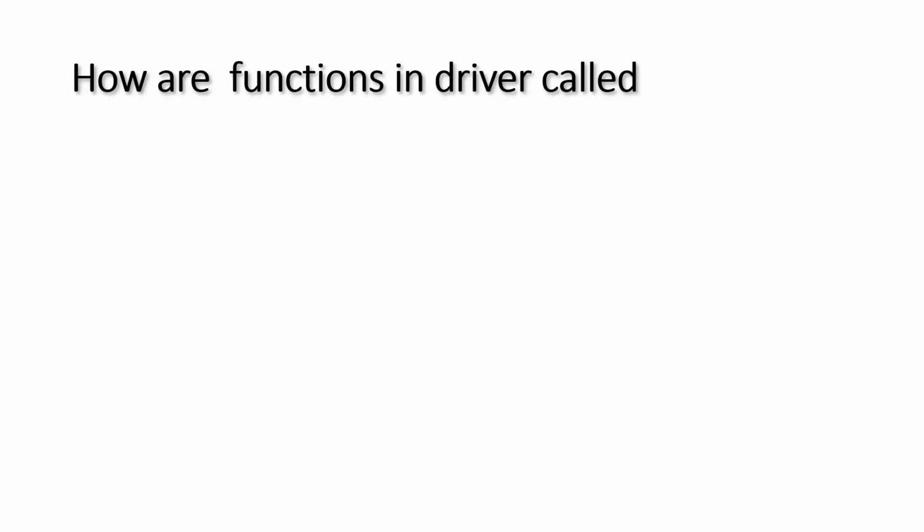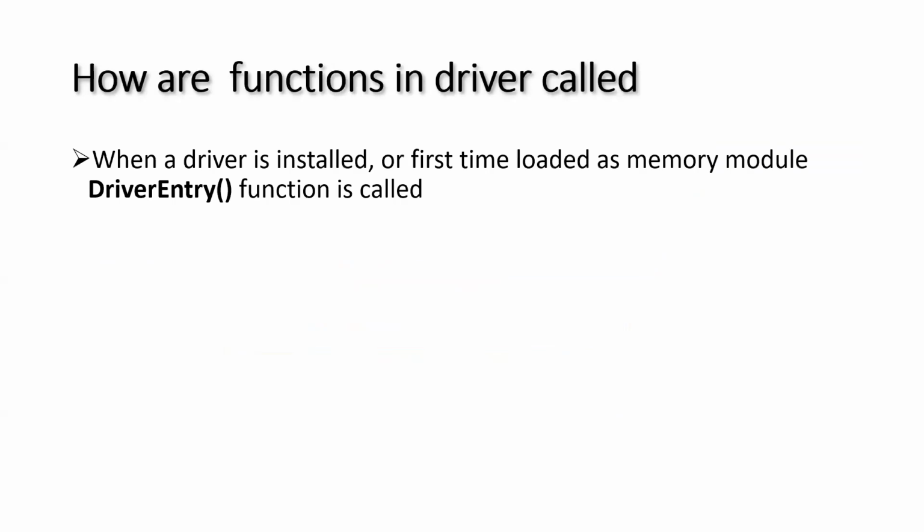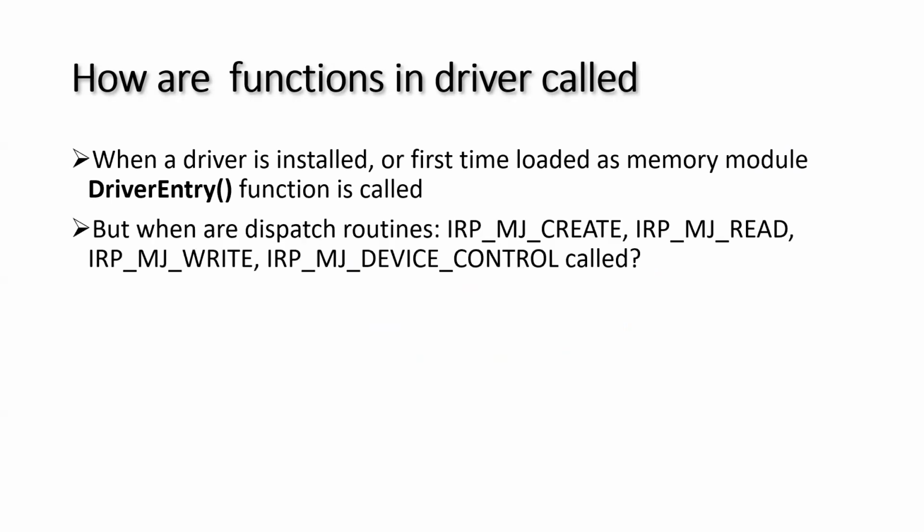Next is, how are the functions in the driver called? We saw that the driver code has many functions like DriverEntry, and after that, your dispatch routines are there. So we need to know when they are called. When a driver is installed or loaded in memory as a kernel module, DriverEntry is called.